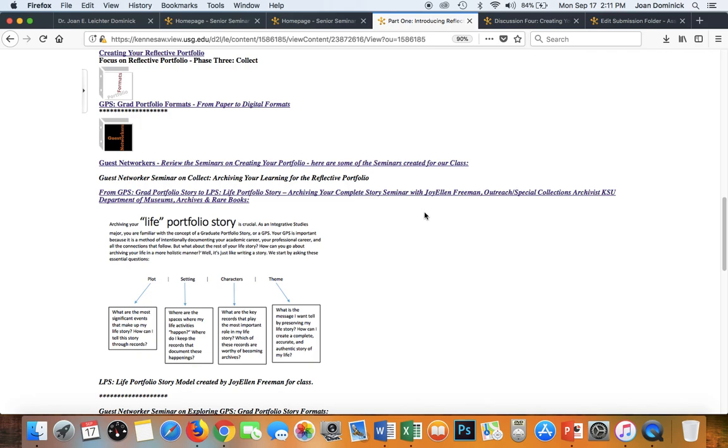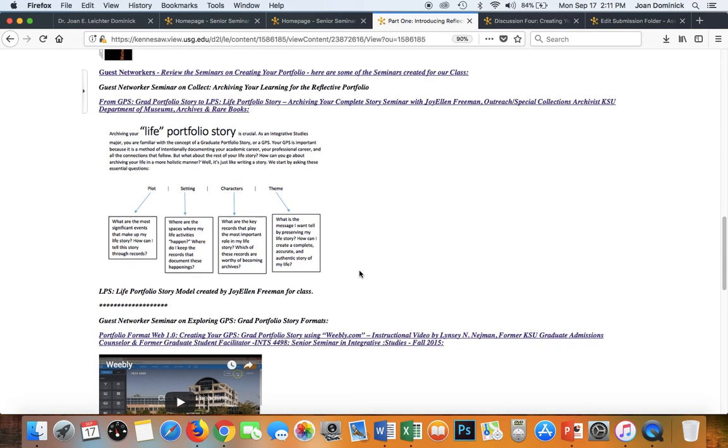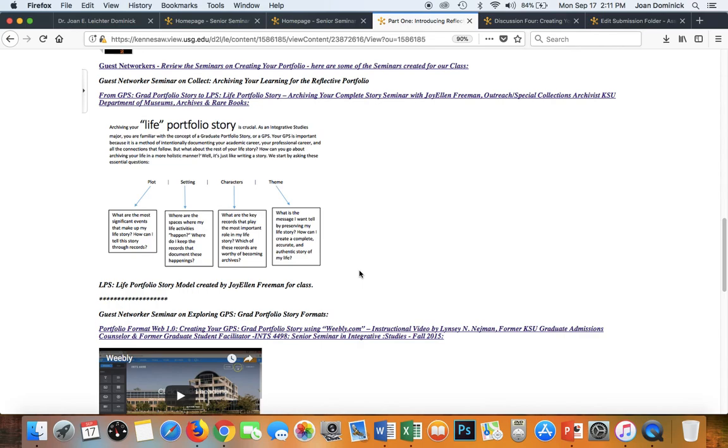She liked our GPS, but she went from GPS grad portfolio story to LPS, life portfolio story, archiving your complete story seminar with Joellen Freeman. And this is an excellent, excellent guest networker presentation. She's even drawn a model of how you would archive your learning for your life portfolio story.